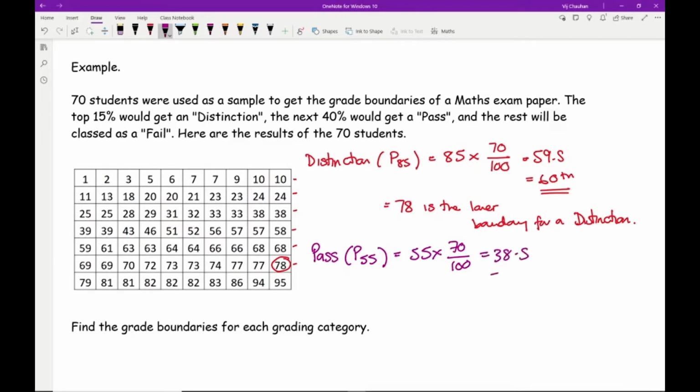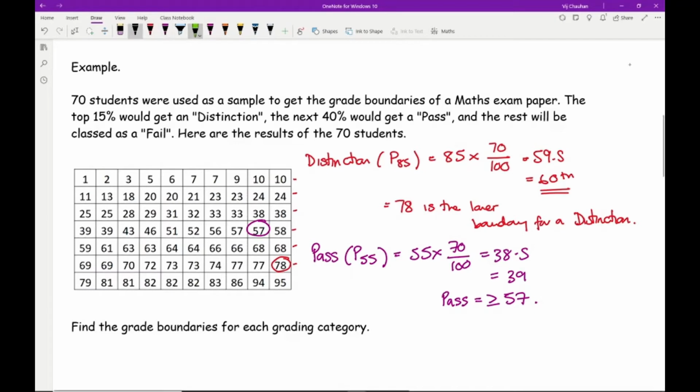So basically I'm going to round that up to 39 because it's a decimal, so it's my 39th number, and my 39th number is 57. So for a pass, you needed to get above and equal to 57 marks, and therefore for a fail, it's any mark below that.